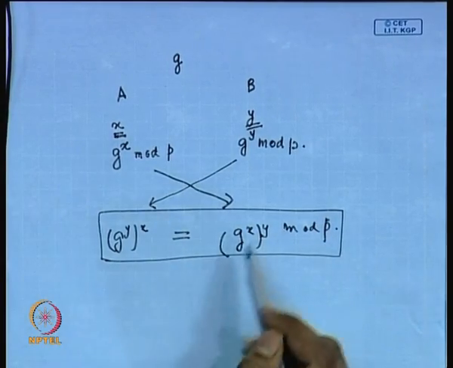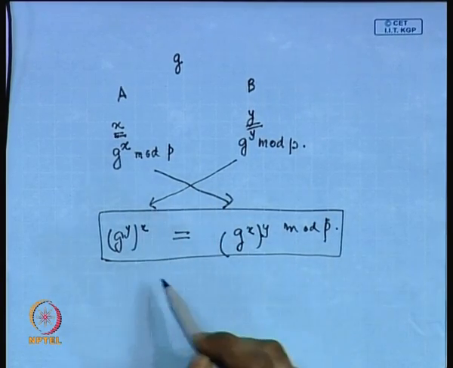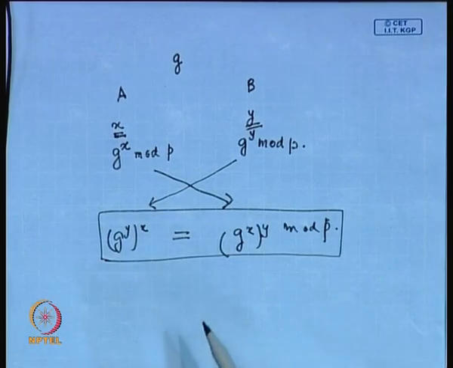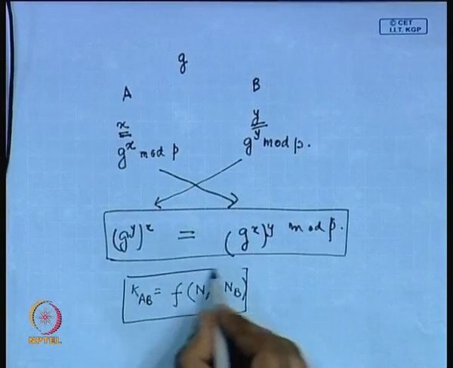This is a classic example of a key agreement between the parties A and B, where the session key is a function of the shares generated by A and B. Typically we can say there is a function f, where A and B have contributed and generated NA and NB, and the session key KAB is a function of both NA and NB.